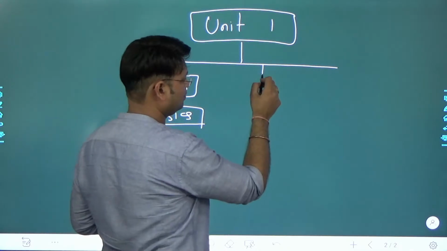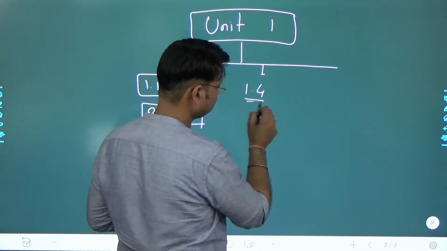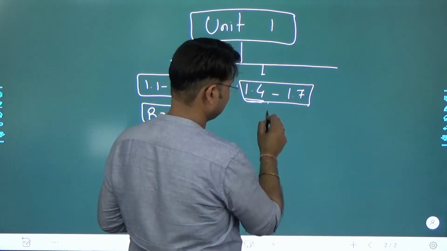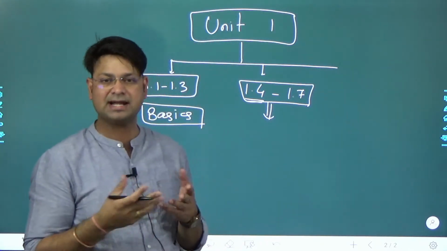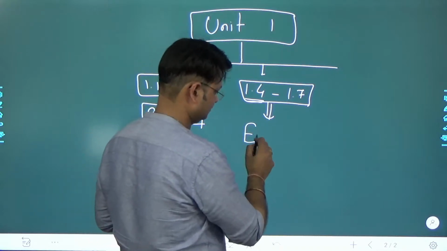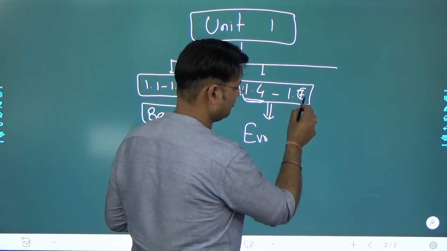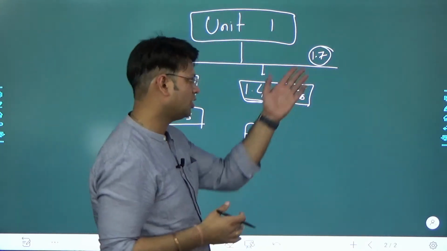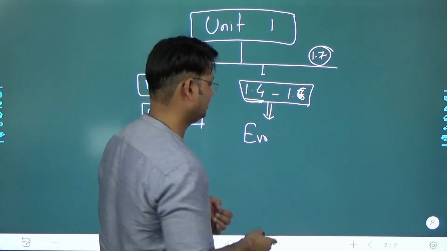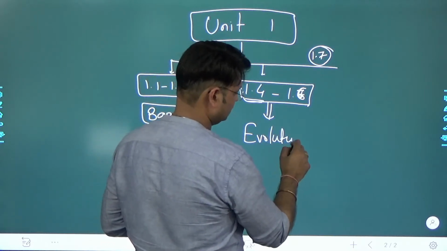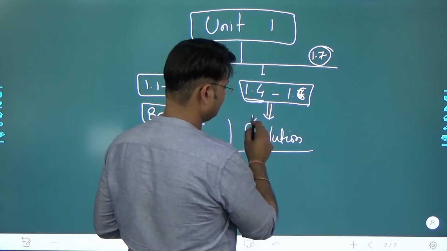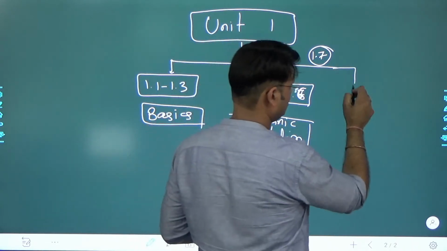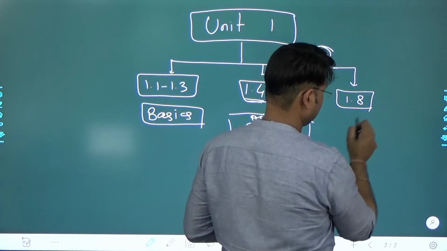From 1.4 to 1.7 you will see that it talks about biology and evolution, especially organic evolution. 1.7 is just an exception, because it should have been before cultural evolution. And 1.8 is cultural evolution.